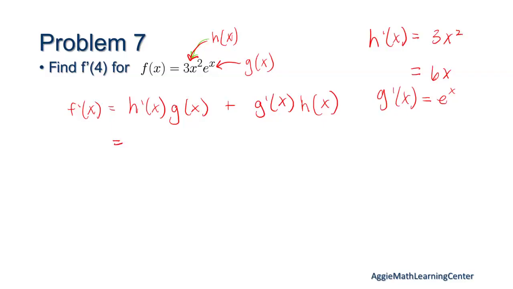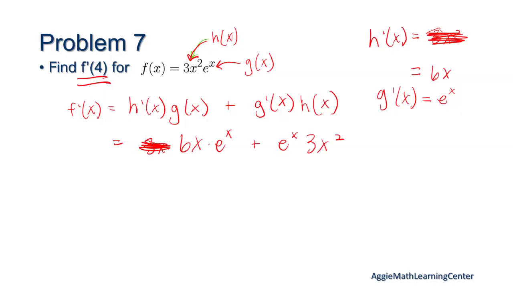That gives me 6x times g of x, which is e to the x, and then plus g prime of x, which is e to the x, times my original h of x, which is just 3x squared.